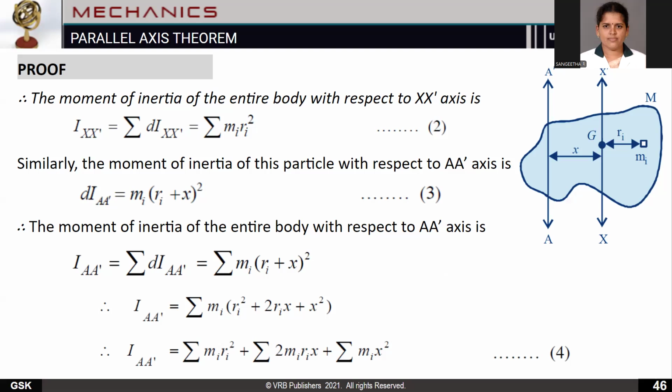We all know (a plus b) the whole square is a square plus 2ab plus b square. Similarly, this is a square plus 2ab plus b square. So I A dash is equal to summation mi ri square plus summation 2 mi ri x plus summation mi x square. This is the thing.